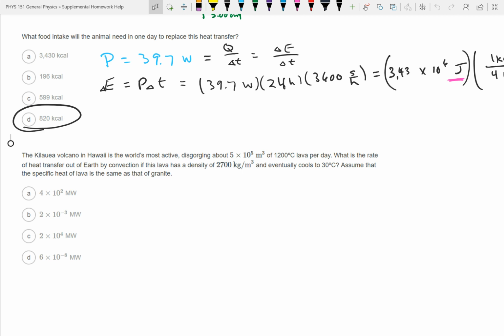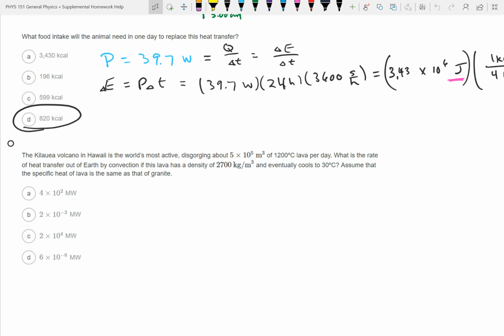The Kilauea volcano in Hawaii is the world's most active, disgorging about 500,000 cubic meters of 1,200 degrees Celsius lava per day. It's a lot of rock coming out of the earth. What is the rate of heat transfer out of Earth by convection?